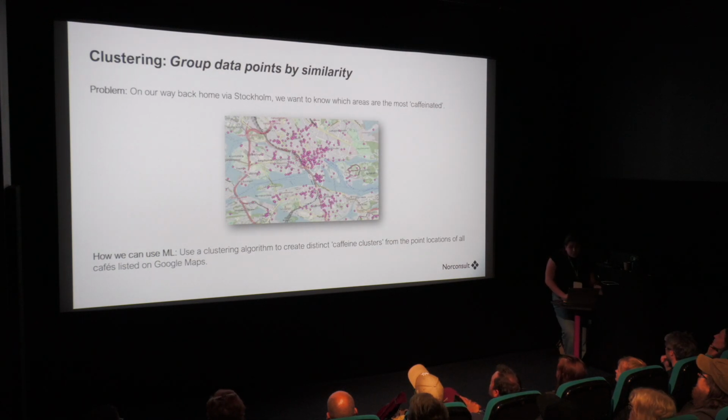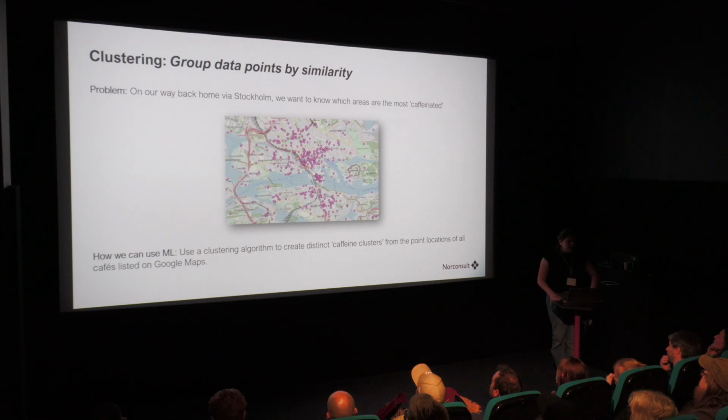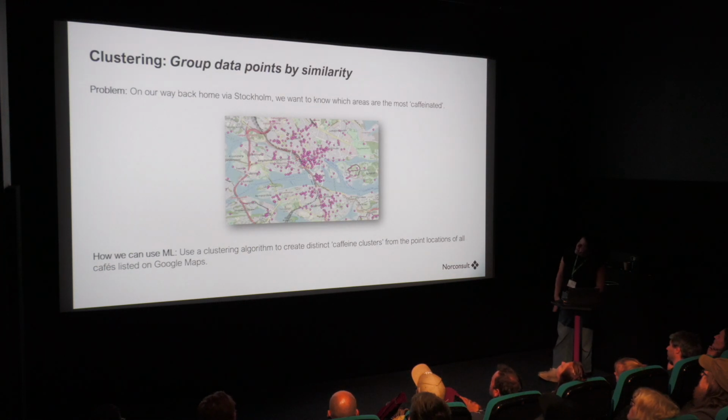And so it's a really cool task to use in GIS because it can help us identify spatial patterns when there's a lot of noise and we might not be able to make those visual distinctions ourselves. So it can be applied to so many different tasks, from identifying population density hotspots or creating crime hotspot zones, or in the case that I'm going to give, caffeine clusters.